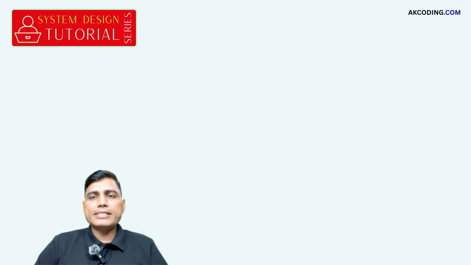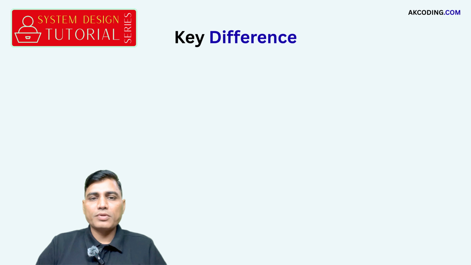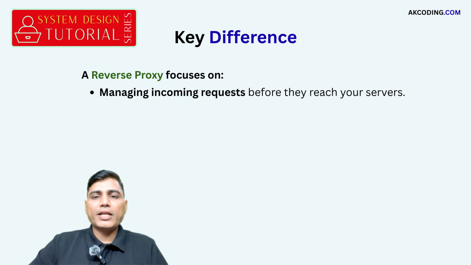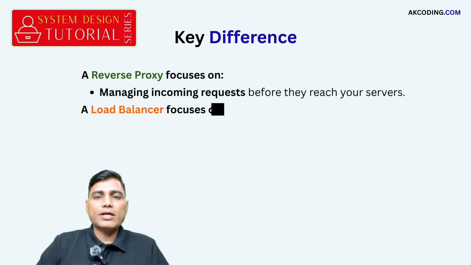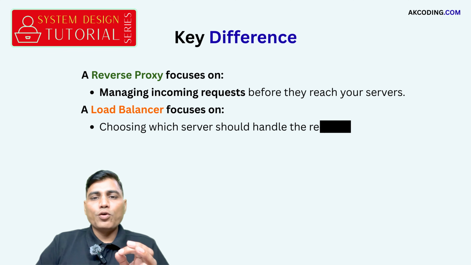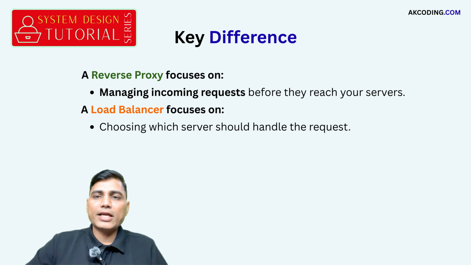Now let's understand the differences between load balancer and reverse proxy from a technical perspective. A reverse proxy focuses on managing incoming requests before they reach the server. A load balancer focuses on choosing which server should handle the request.